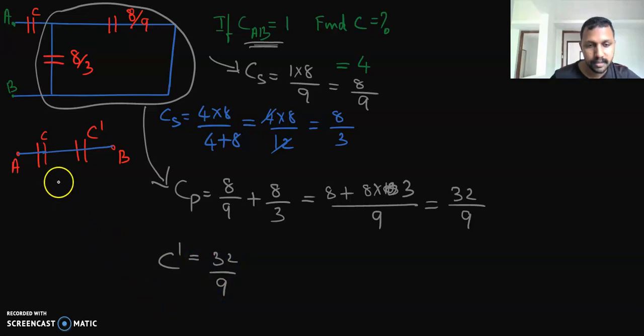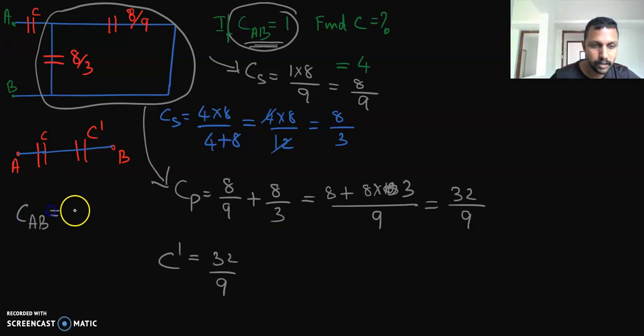Then C and C dash are in series and the effective capacitance is 1, so we can write CAB is equal to C dash C divided by C plus C dash. If two capacitors are in series, we use C1 C2 divided by C1 plus C2 here, and we get C C dash divided by C plus C dash, which is equal to CAB. Let's substitute the value of CAB over here.